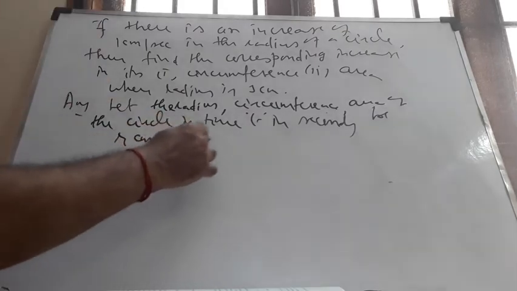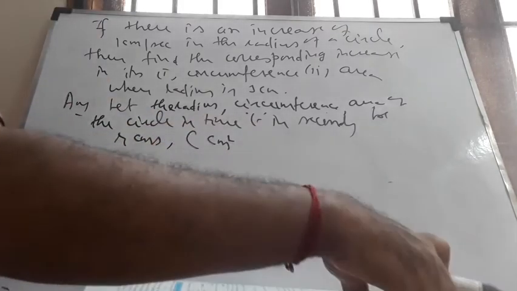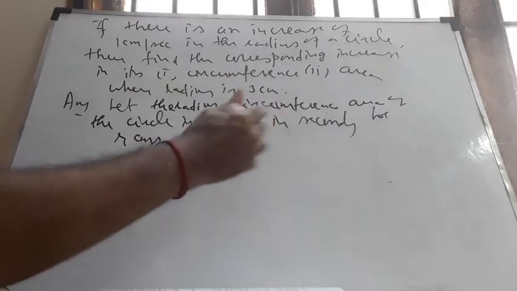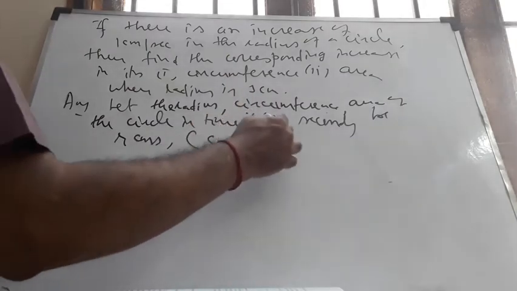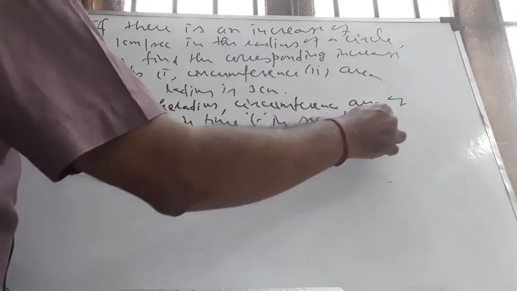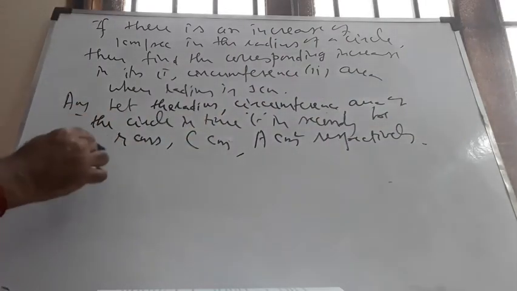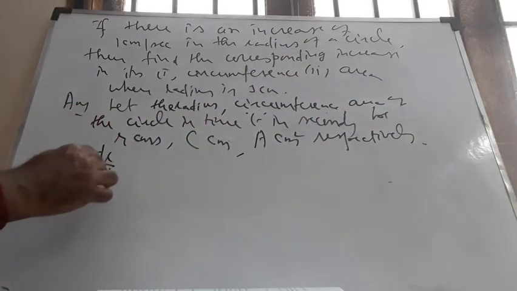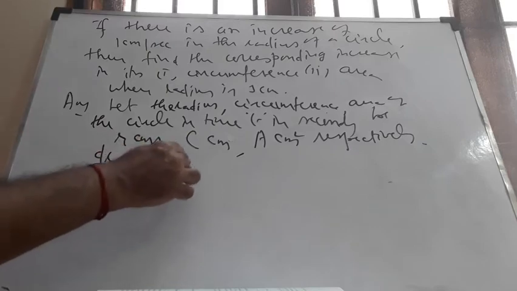It's given in centimeters in the question itself. Now dr by dt is equal to 1 centimeter per second.